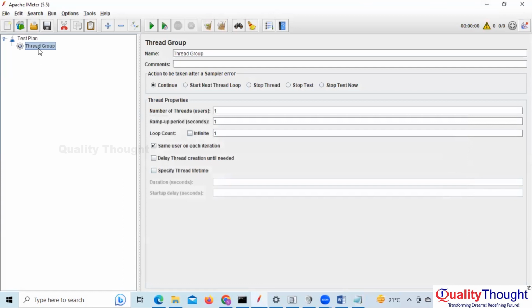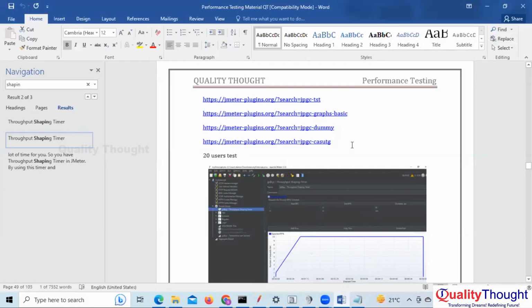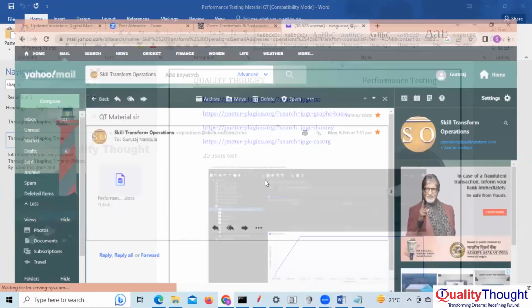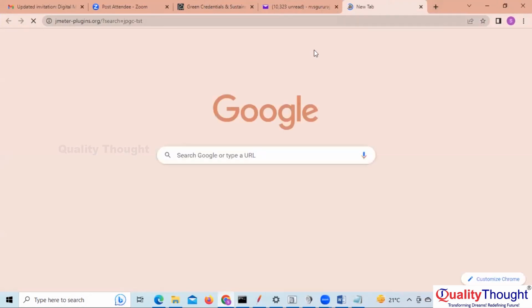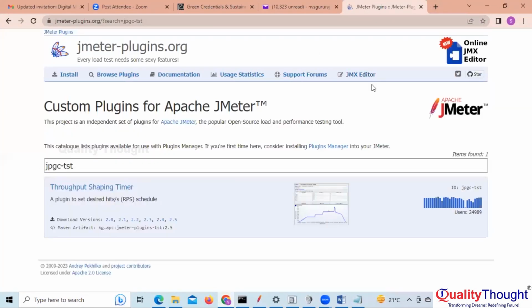Okay, so let us do one thing before we start the session. There are 4 plugins which you need to configure before starting this particular topic. One plugin is the throughput shaping timer, and you know how we need to install this, right?